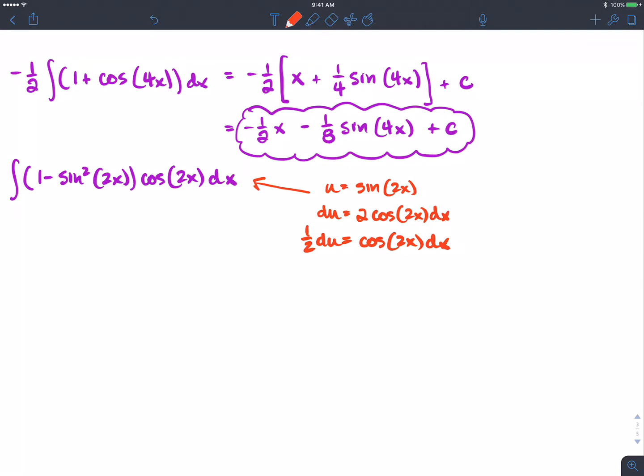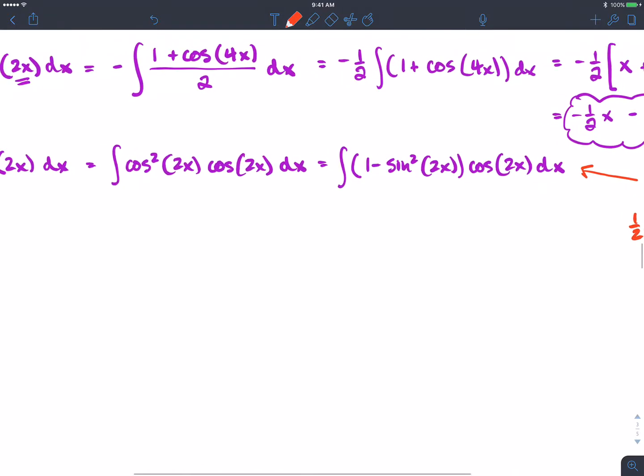And if we do our u substitution off to the side here, we pull that 1/2 out, and we're going to have the integral of 1 minus u squared du, which would give us 1/2 u minus 1/3 u cubed.